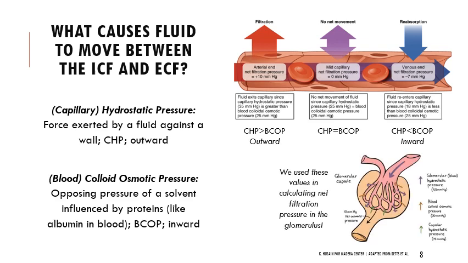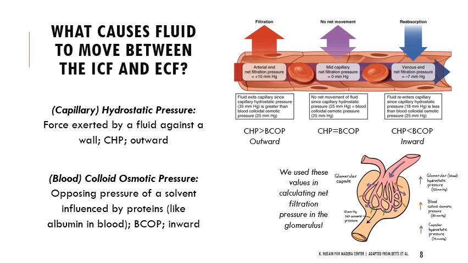And remember, we talked about this when we were talking about glomerular filtration rate and net filtration pressure. So we have the outward pressure from the glomerulus, and then we also have blood colloid osmotic pressure as well as capsular hydrostatic pressure. In this case, that capsular hydrostatic pressure, which is different from capillary hydrostatic pressure, is an inward force because it's the hydrostatic pressure of the capsule, which is opposite from the glomerulus.